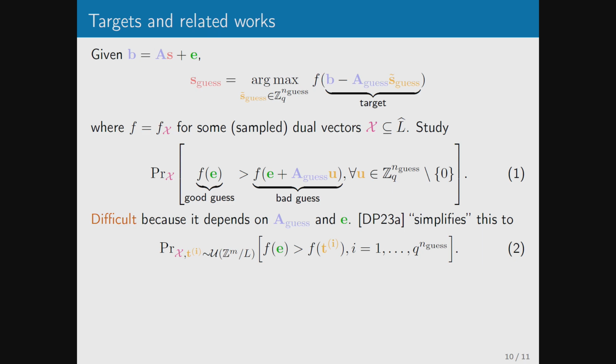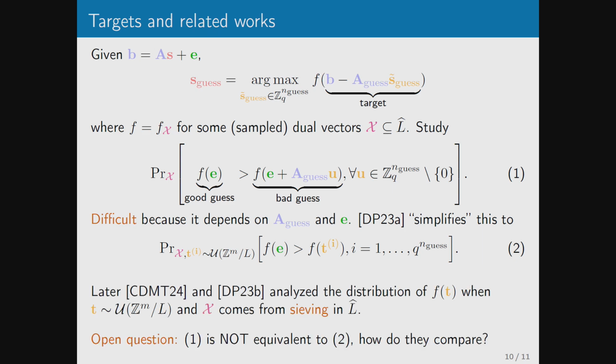But the bad guesses are replaced by just a uniform vector in the fundamental domain of L. And later on, they themselves and another group who have a paper at this conference, actually, so I hope you saw their talks, analyzed specifically the distribution of f of t, among other things, when t is a uniform sample of the fundamental domain, and x come from sieving in the lattice.